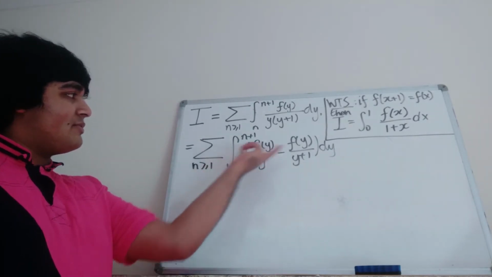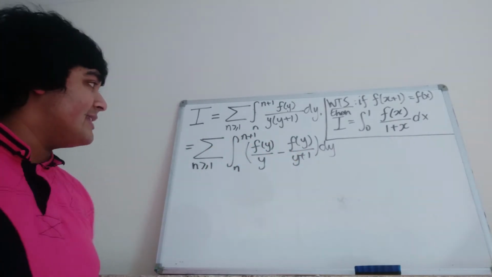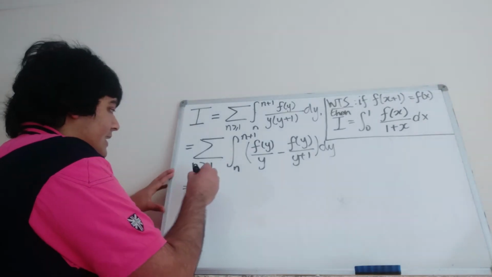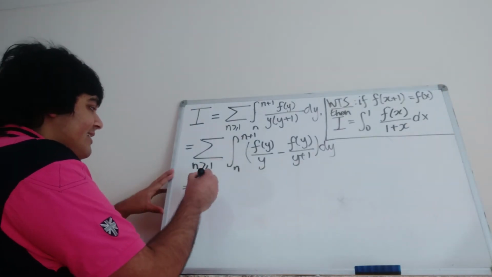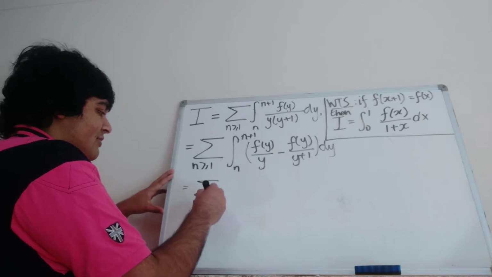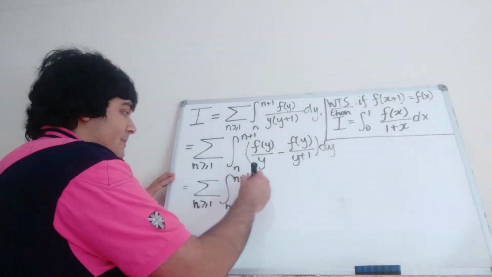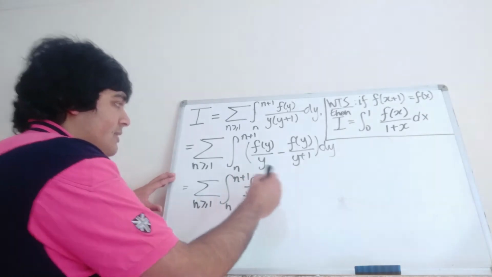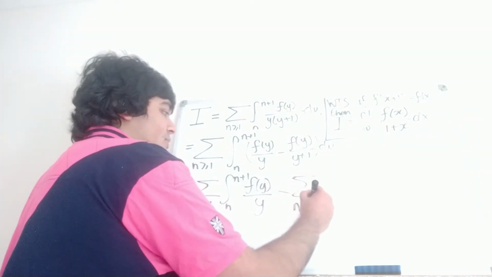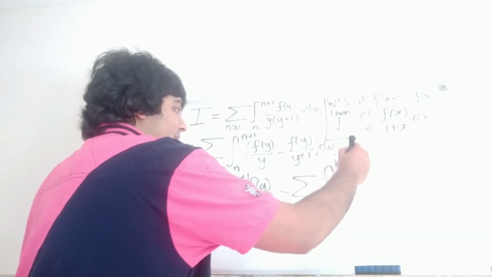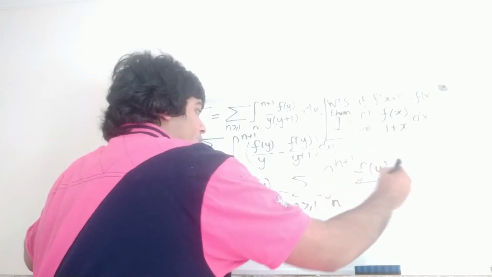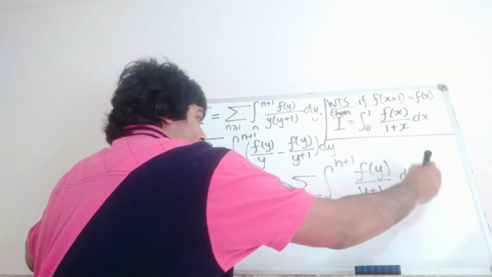Now what we're going to do is we've sort of got two integrals here, so we're going to write these as two integrals. This one here, we'll keep it in the summation form, of f of y over y, and then this guy here, the sum from n equals 1 to infinity, the integral from n to n plus 1 of f of y all over y plus 1 dy.